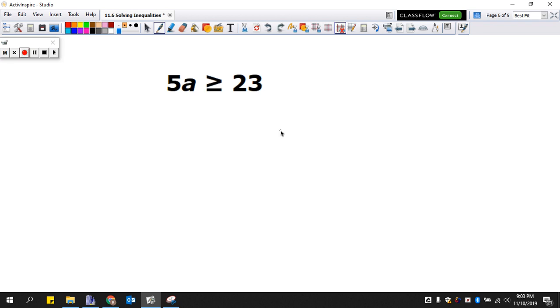Here we're multiplying by 5, so we're going to divide by 5. The 5's cancel out. We're left with A is greater than or equal to 23 over 5.